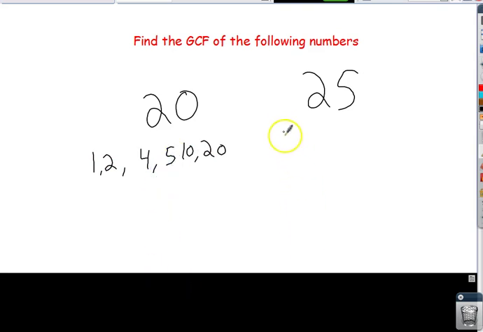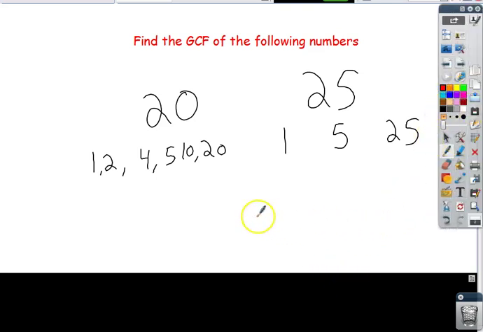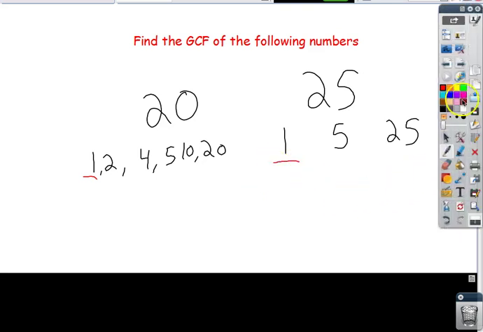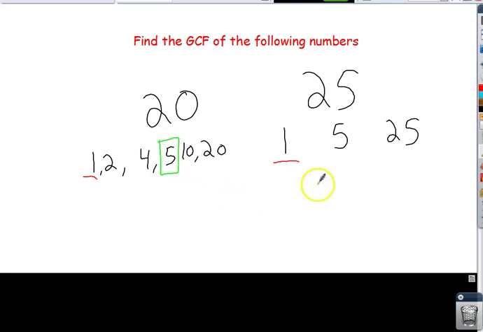The factors of 25: 1 and 25, and 5. Okay. Well, what is the biggest number they all have in common? Well, they have 1 in common, but they will always have 1 in common. But if I look, the next biggest number they have is 5. So the GCF between 20 and 25 is 5.